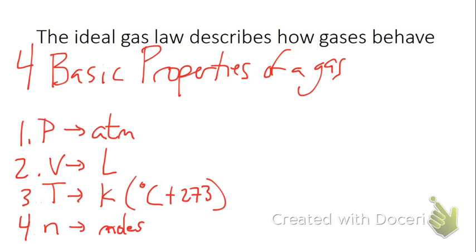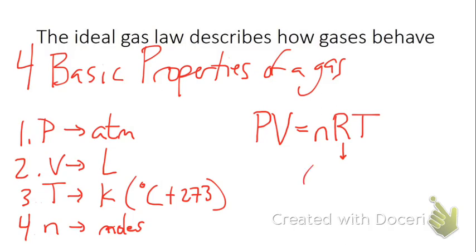When we look at the interaction of all of these properties, we can find what's known as the ideal gas law. And many of you guys are probably familiar with this. PV equals NRT, where P stands for pressure, V stands for volume, N stands for moles, and T stands for temperature. R stands for the gas constant.